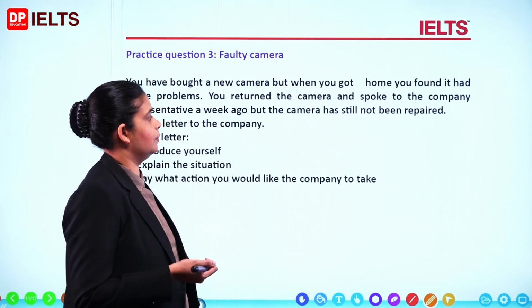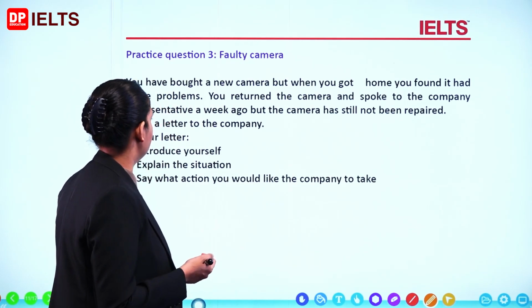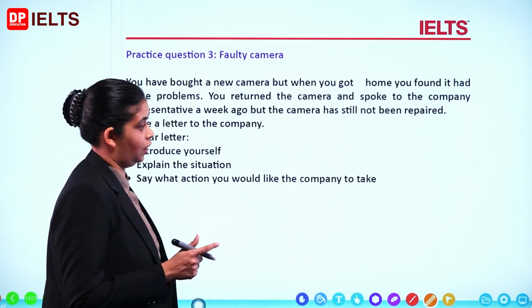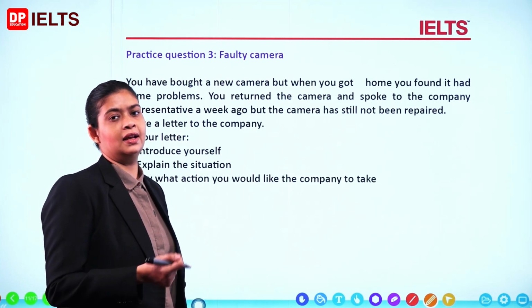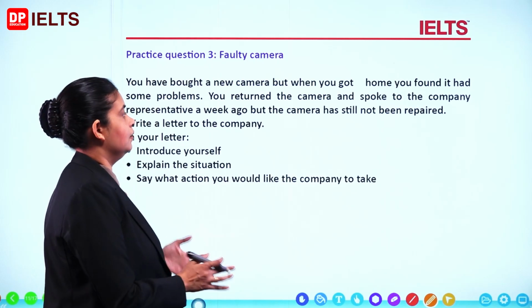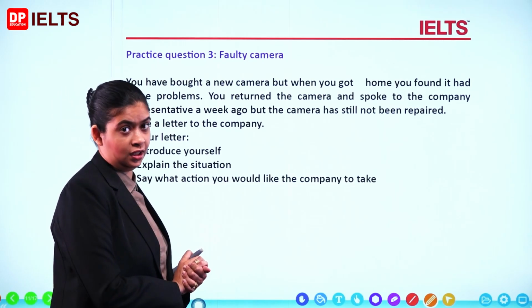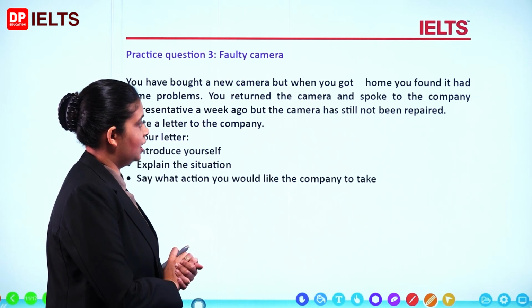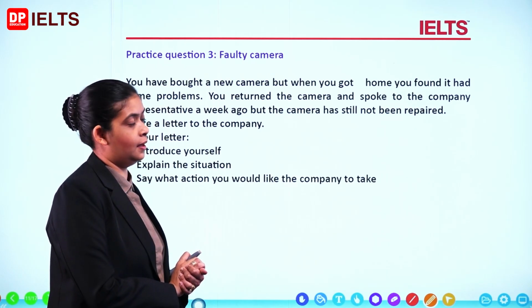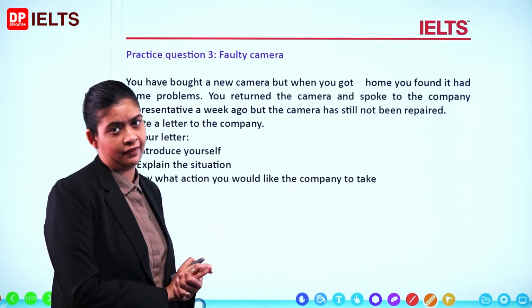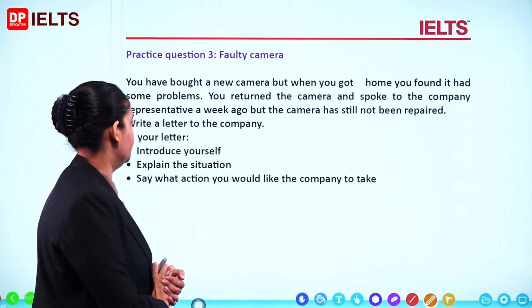You returned the camera and spoke to the company representative a week ago. කැමරා එක return කරලා ඒ ගැන කතා කරා company එකේ ඉන්න representative ට. දැන් සතියක් විතර වෙනවා. But the camera has still not been repaired. හැබැයි තාමත් කැමරා එක repair කරලවත් මොනවත් කරලා නැහැ.